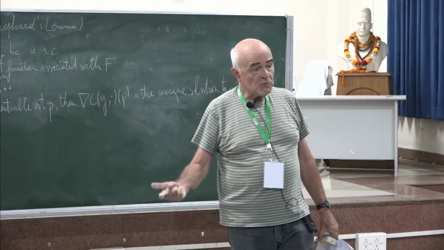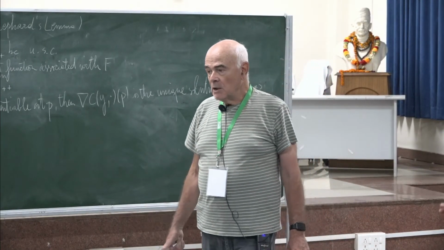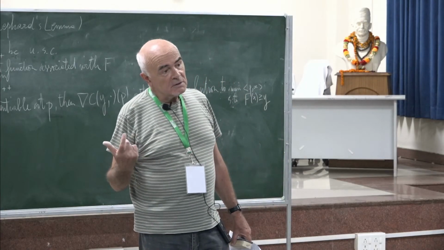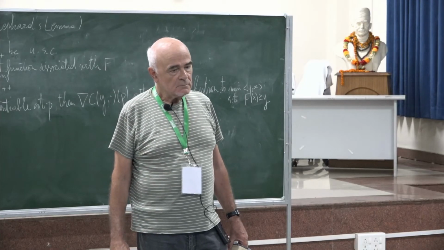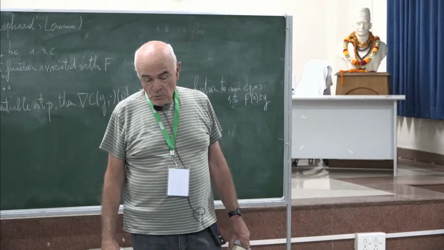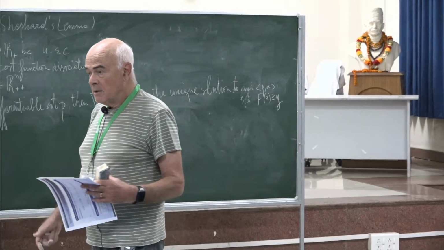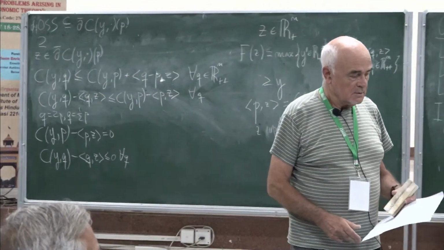So if you know the cost function, just take derivatives, and you get the optimal input vector, because now it is unique. Okay? We will illustrate this later, after the break, very easily with Cobb-Douglas.